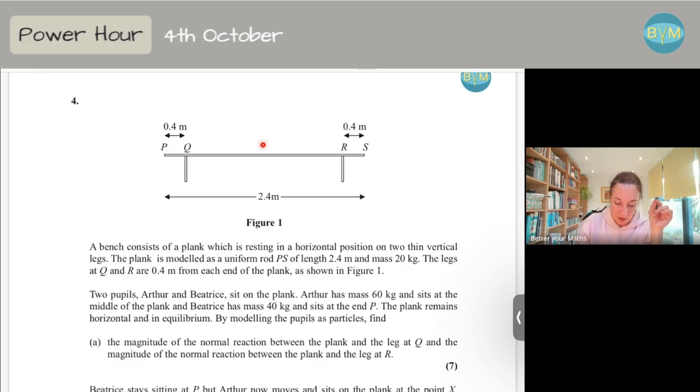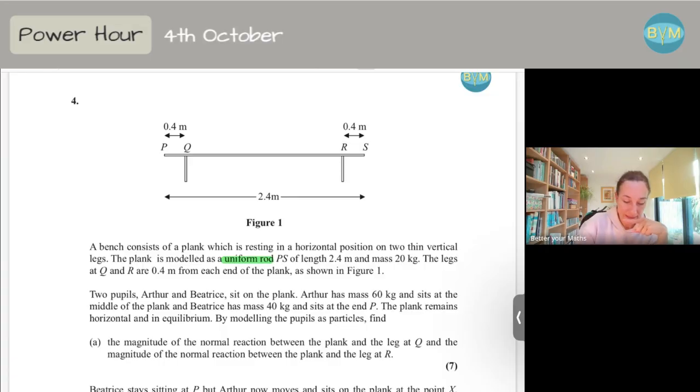You have a bench. It's a plank resting in a horizontal position on two thin vertical legs. So this one and this one. The plank is modeled as a uniform rod. I'm going to remind you, uniform rod means that the weight is at the midpoint. We know the length is 2.4 meters. The mass is 20 kilograms. Because they give me the mass, what do I write for the weight?